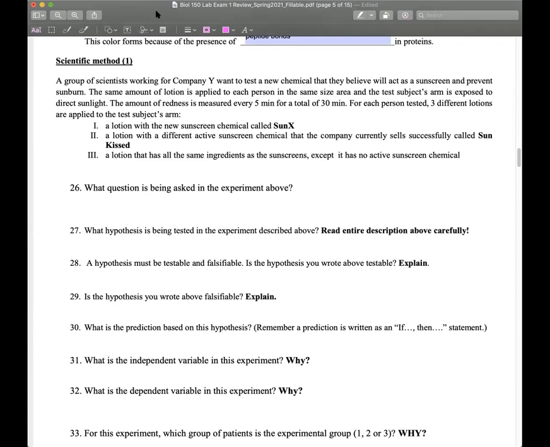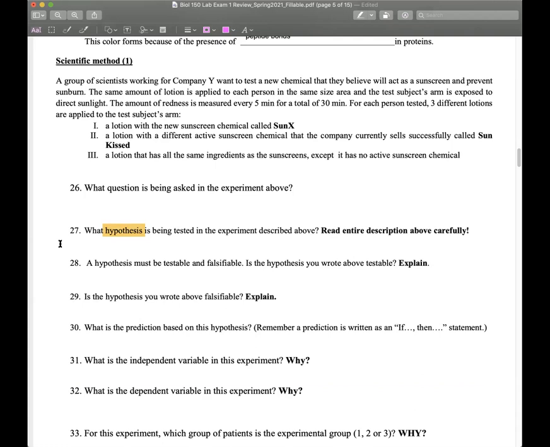I think the most difficult thing for students is writing a good hypothesis. The other stuff is pretty self-explanatory, like the independent and dependent variables, or the experimental and control groups. But being able to write out a hypothesis is what people struggle with most. So let's try to do that here.